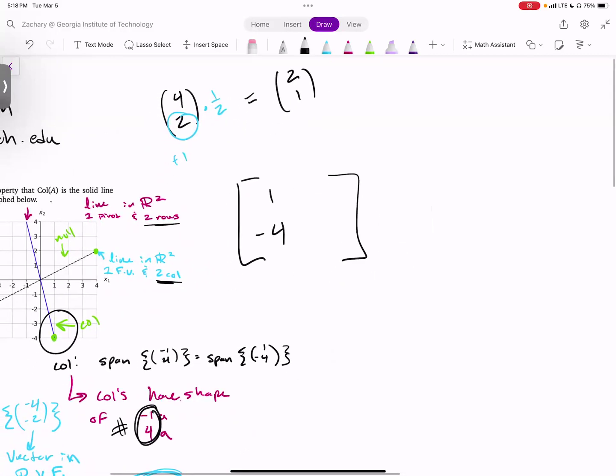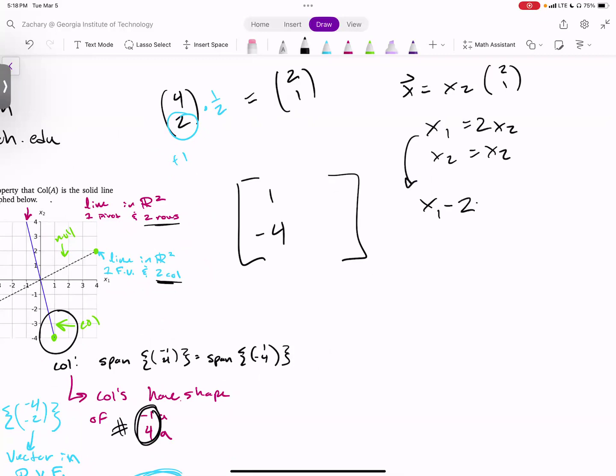So this is solving for my null space now. X vector equals x2 times 2, 1. x1 equals 2 x2, x2 equals x2. And from here we go to our equations where we like our variables on the same side. And then from here we just take the coefficients to get what our matrix would look like. So my first number is 1, my second number is -2.